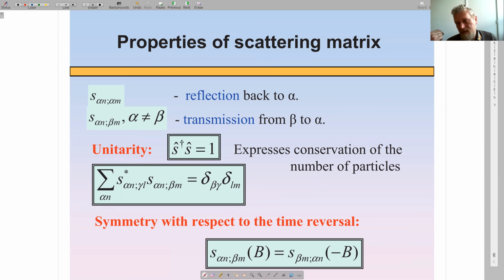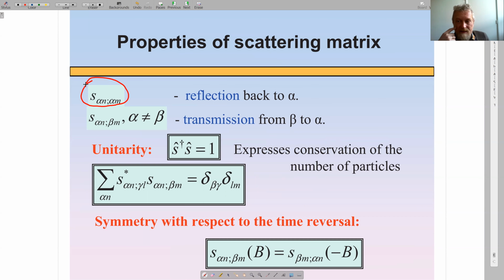Good. First of all, I want to mention that there's still separation by blocks, and there is still a difference between reflection and transmission. There are elements of this matrix, quantum trajectories, where an electron comes from terminal alpha and gets reflected back into the same terminal.